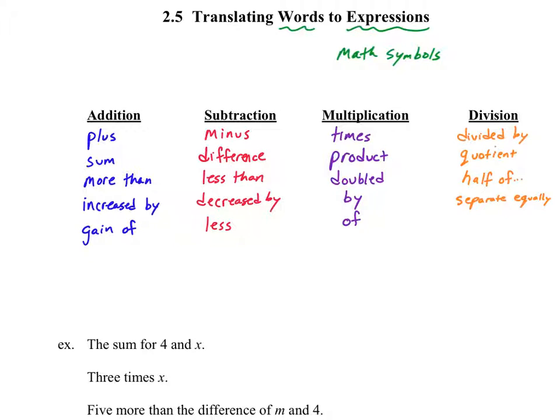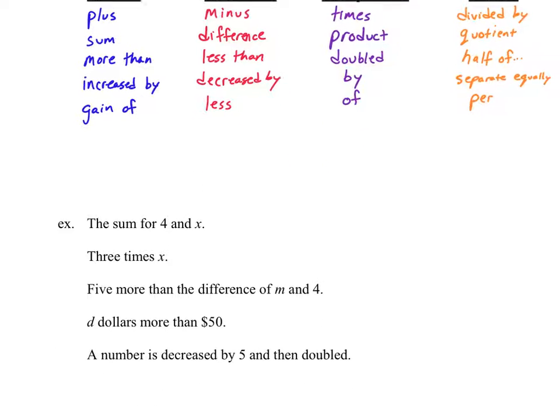A lot of people spell separate wrong, but you can remember there's a rat in the middle of that. Separate. And last but not least, per. That often shows up in units when you have like miles per hour. That's miles divided by the per hour. All right, then we'll do a few examples, and then we are out of here.